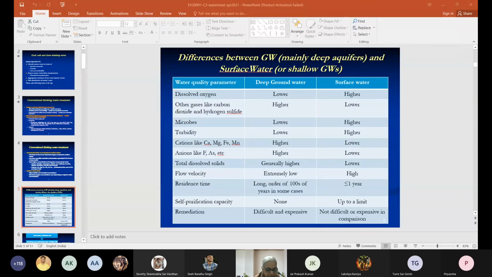For example, in the campus we are using both river water as well as groundwater. Some of the hostels have groundwater and some of the hostels have river water, right? So I would like all of you to do this without worrying about your grade, and those of you who have any interest, you can post your answers. You can say, I am from so and so city, and this is my source of water. Is that okay?